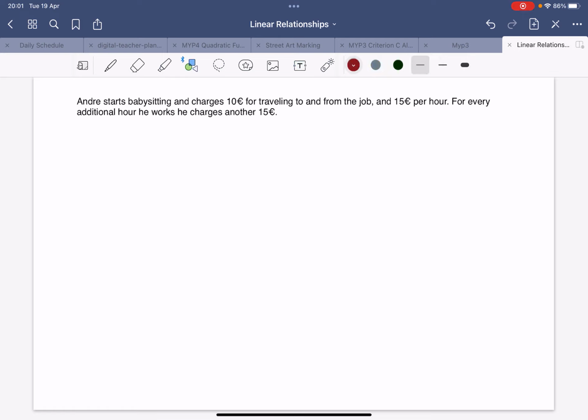So I'm going to start by drawing out my axis. So I've got here my y-axis and my x-axis. This is my x and this is my y. So on the x-axis, we have the time in hours. So here this is time in hours.